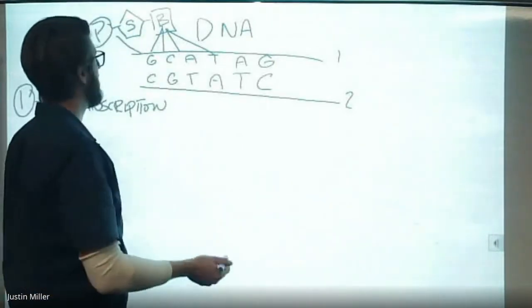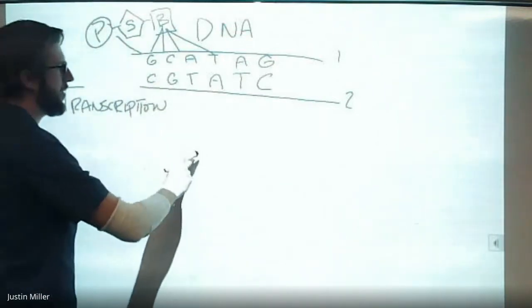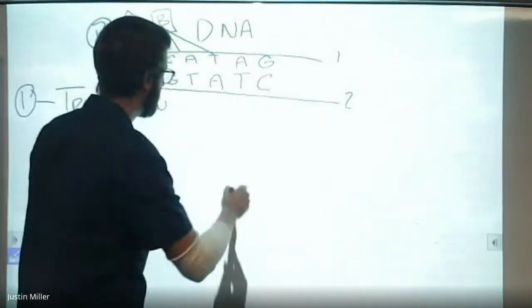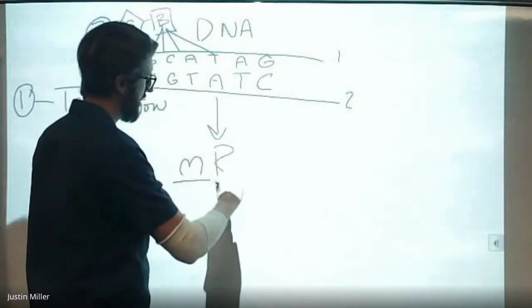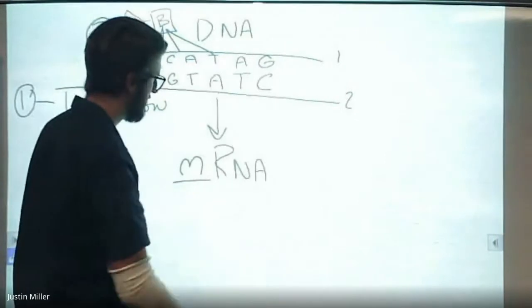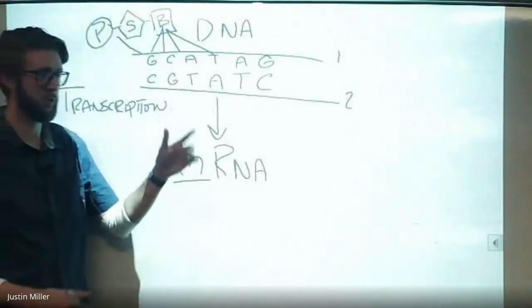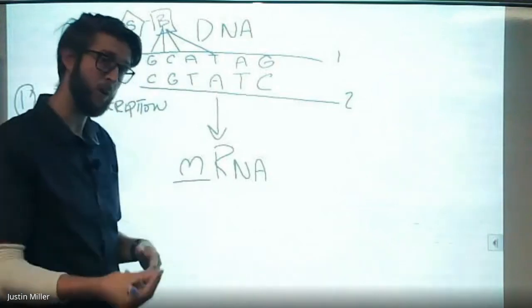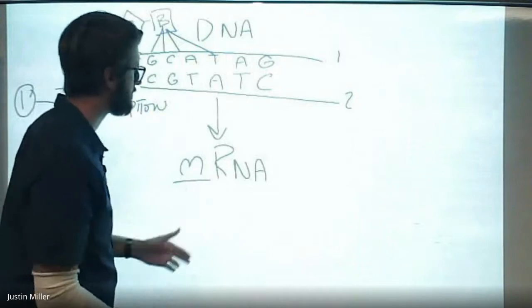And last time I just told you that it goes from DNA to RNA. I didn't specify. Well, today I'm going to specify which kind of RNA this is. And the kind of RNA that this DNA is going to be rewritten or transcribed as is mRNA, right?